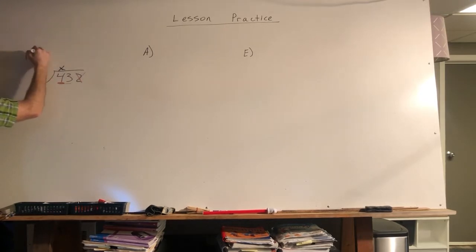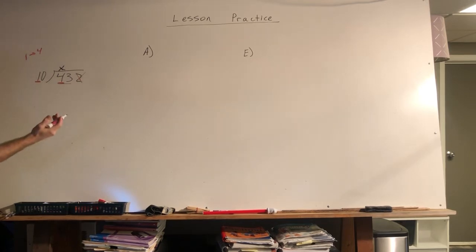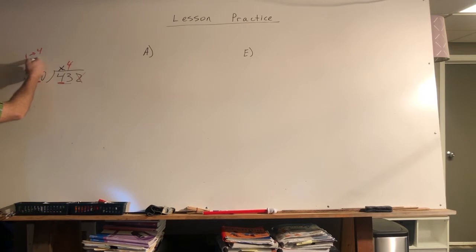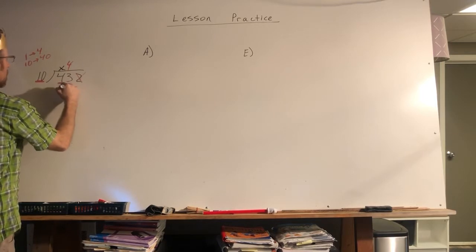How many times does 1 go into 4? 4 times, okay? So 1 into 4, that's kind of like 10 into 40. So now we don't have 1 times 4, we have 10 times 4, so we did the divide step. Now we have 10 times 4 is, yep, you got it, 40.